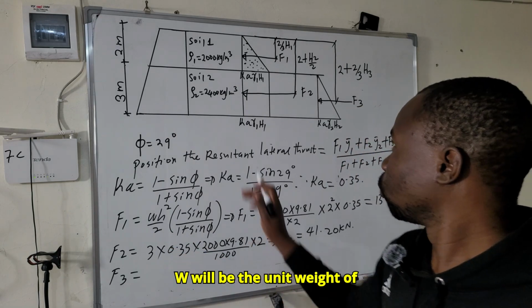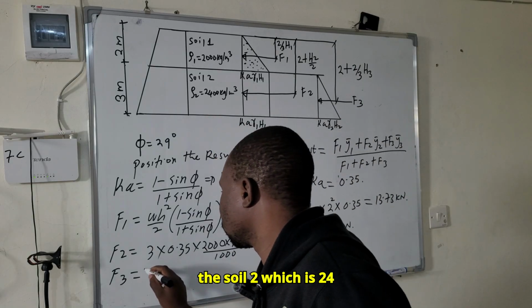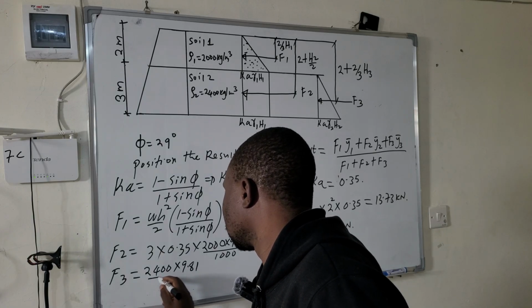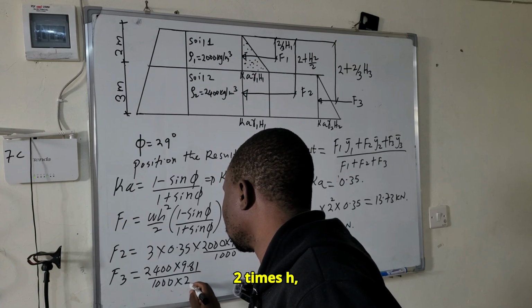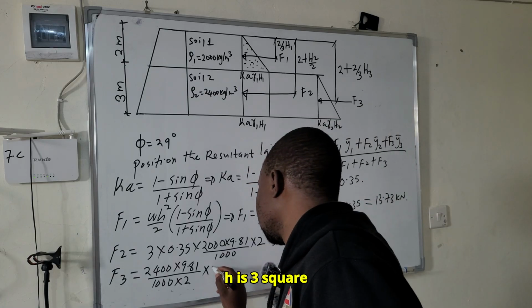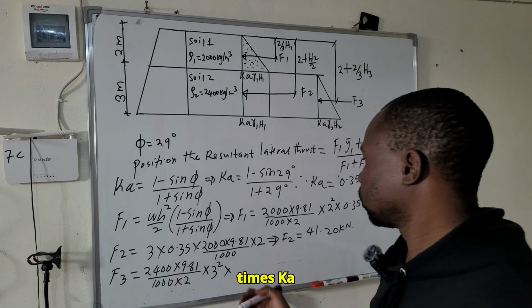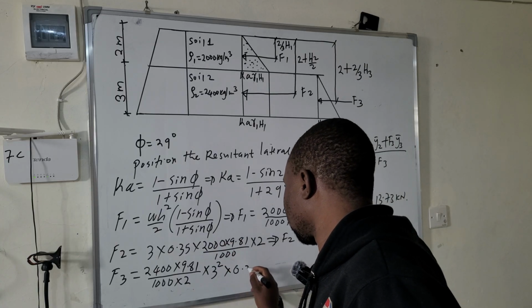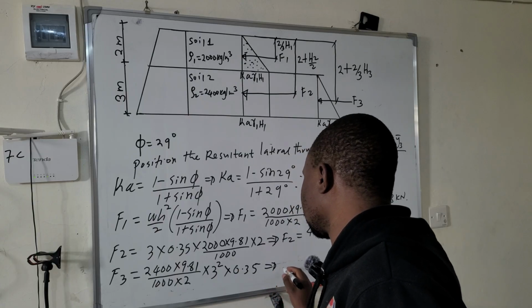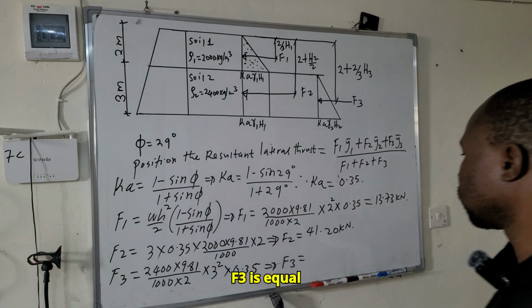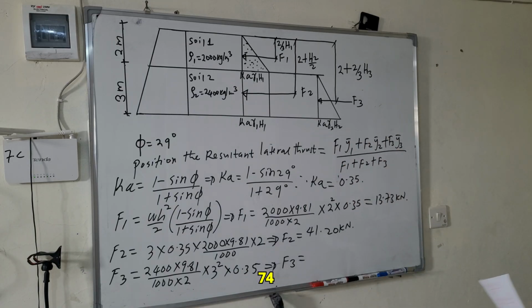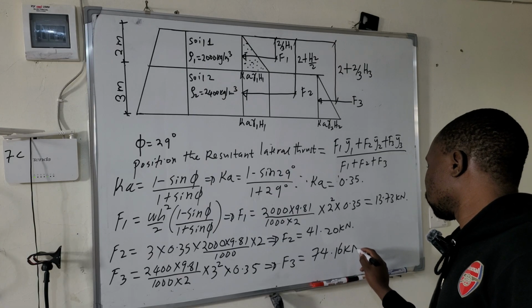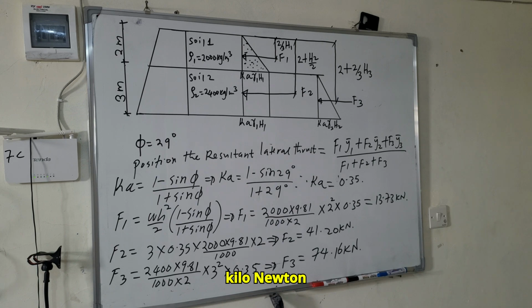So W will be the unit weight of soil 2, which is 24 times 9.81 over 1000, times 1 over 2, times H, which is 3, square, times Ka, which is 0.35, which implies F3 is equal to 74.16 kilonewton.